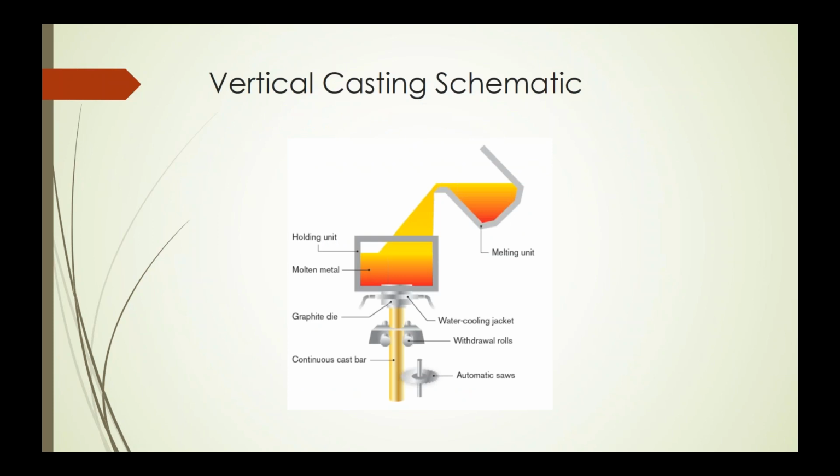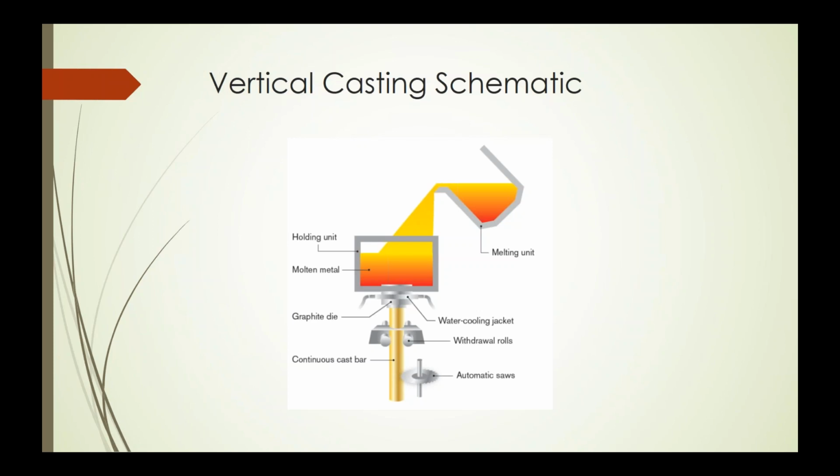There is a vertical casting technique, and this is used in a number of applications. Now, in this particular instance, it's shown with a melting unit up top pouring into a holding furnace, and the molten metal is held.